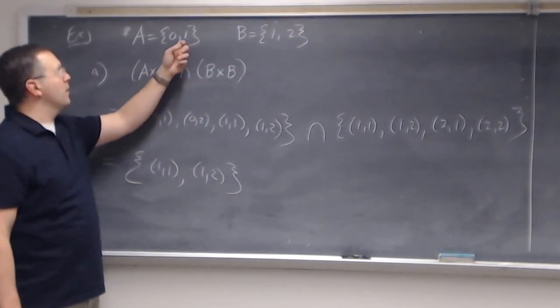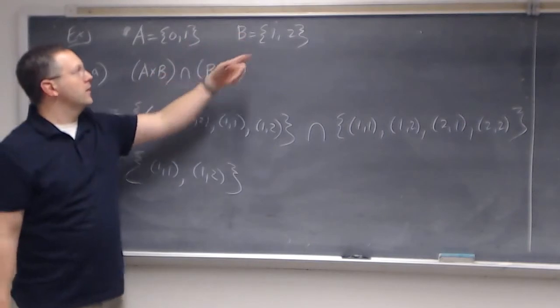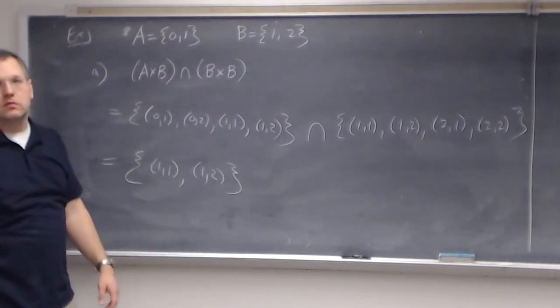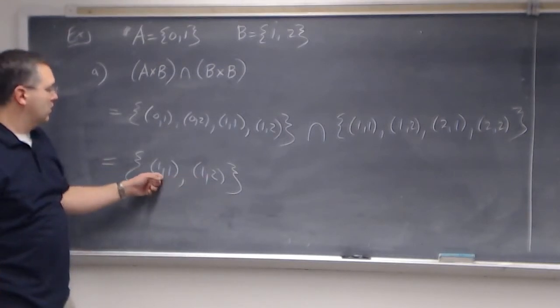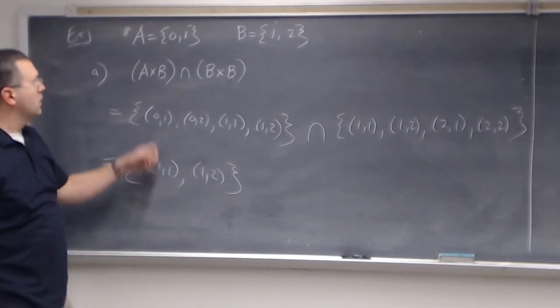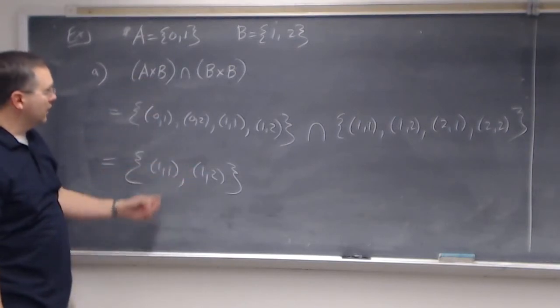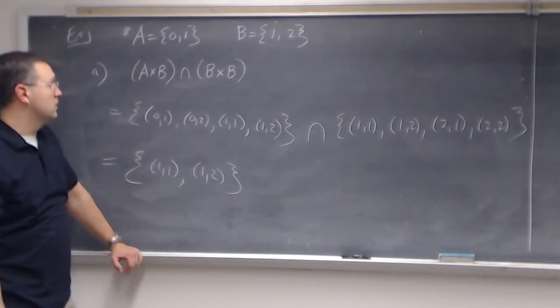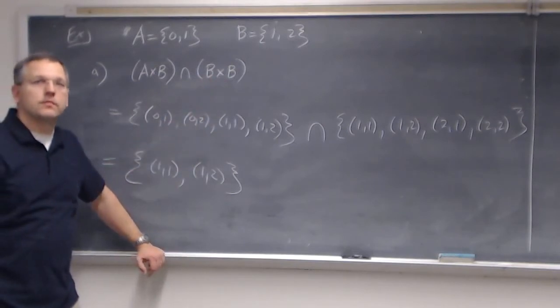So you think about how can I make a point in A cross B that only has 1s and 2s? The first coordinates have to come from A, and the second coordinates have to come from B, and you can only use 1 and 2. But by the time you start thinking about it, just write them all out.